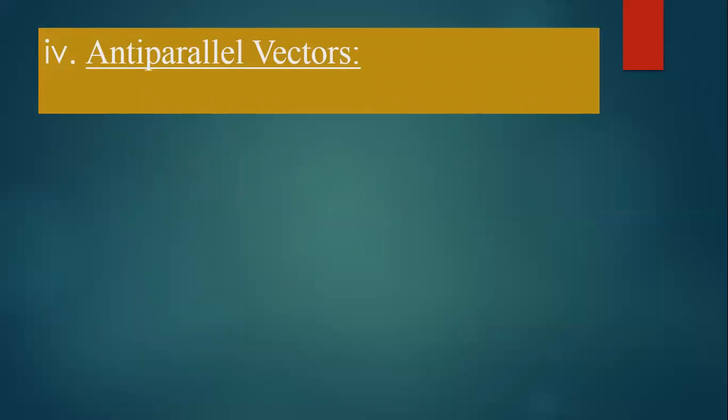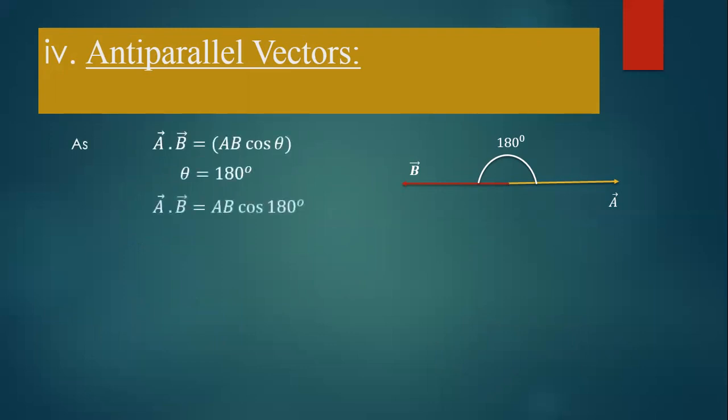Number 4, when two vectors are antiparallel, when two vectors are in opposite direction, then the angle between them is equal to 180 degrees. So their scalar product AB cos theta becomes AB cos 180 degrees, since they are opposite in direction.